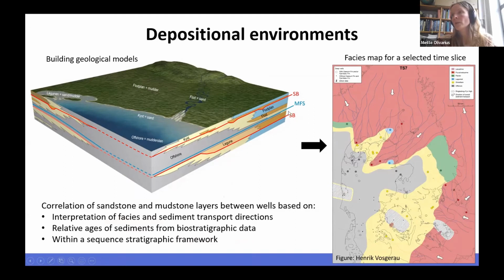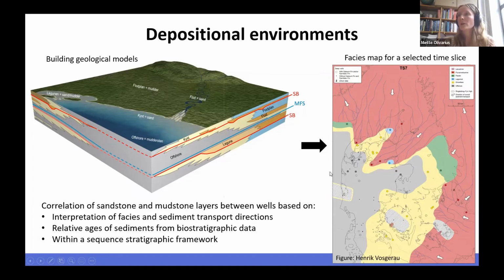That is sequence stratigraphy, which is used to interpret this, combined with biostratigraphic data. And then it's possible with all these data to make these paleogeographical reconstructions.